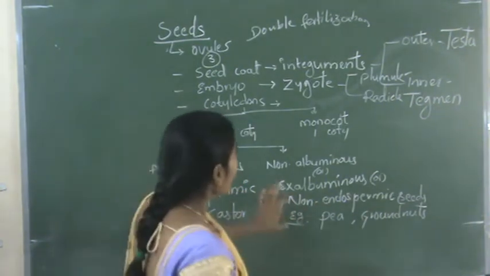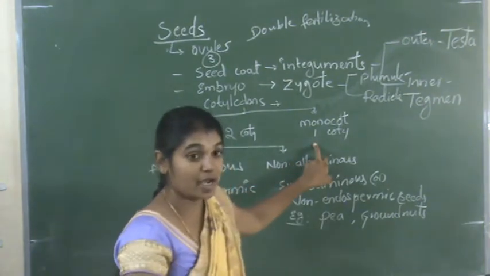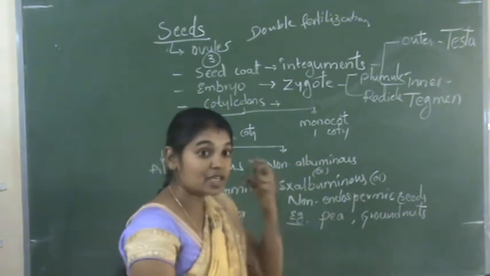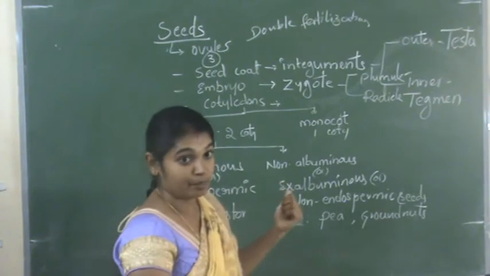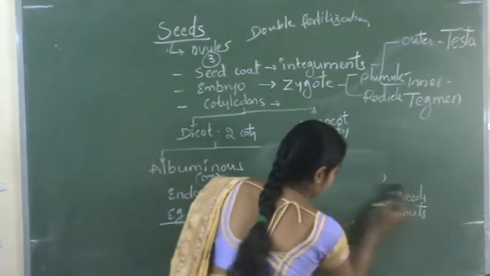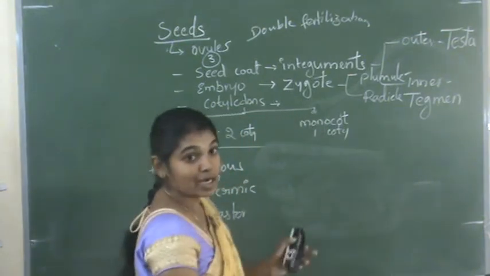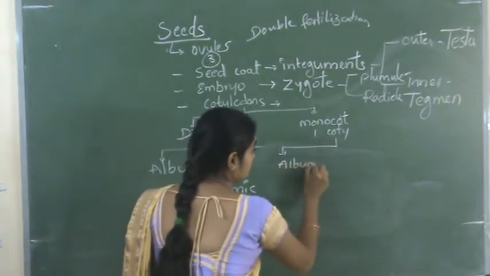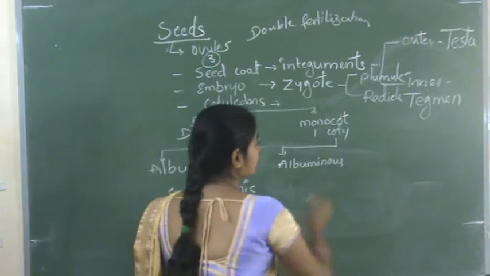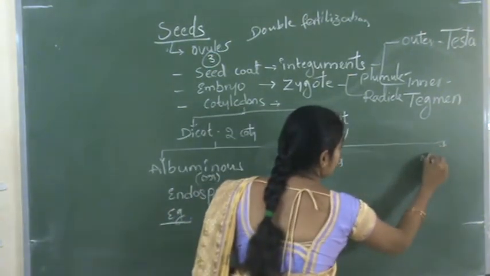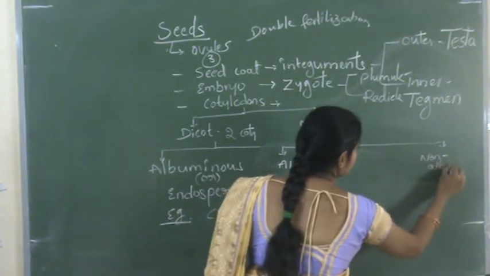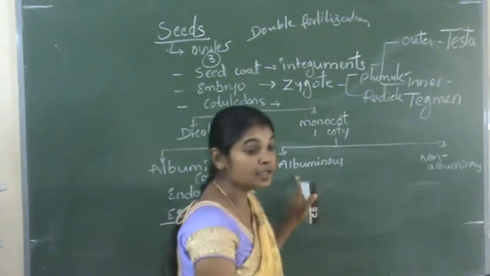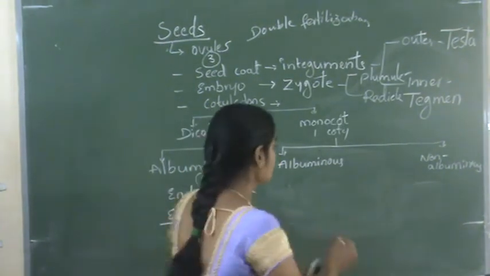Monocots are also classified into two again, on the basis of the presence or absence of the endosperm. Here also we have albuminous seeds and non-albuminous or non-endospermic seeds.